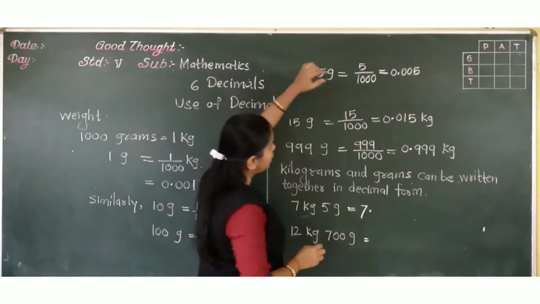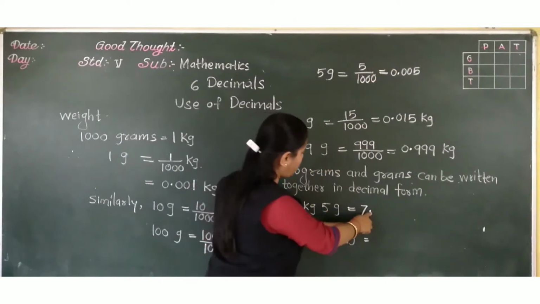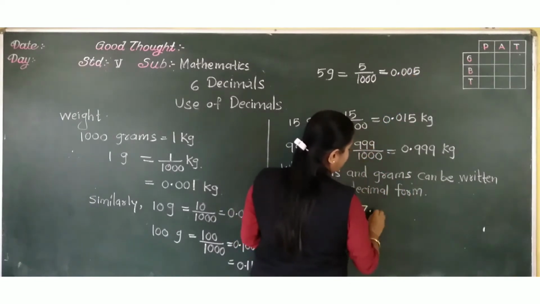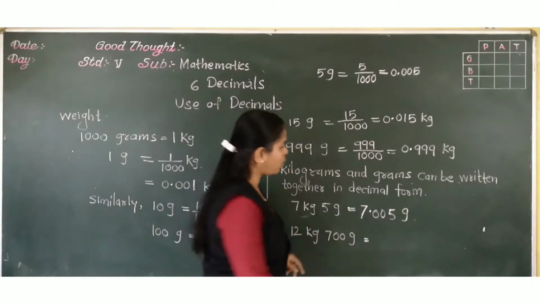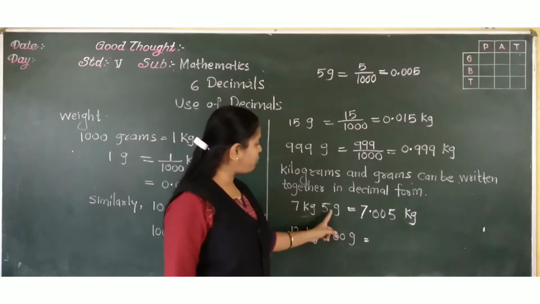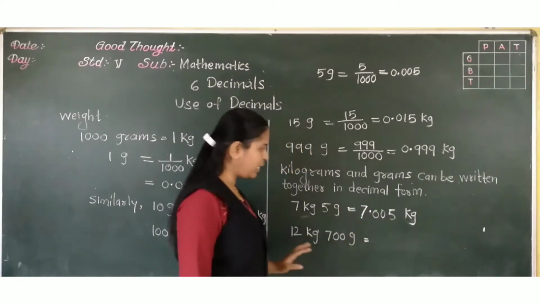Now at the whole part 7 is there, so I have written 7 point. Now instead of 5, what to write? 005 kg. So 7 kg, 5 gram means 7.005 kg. In this way.